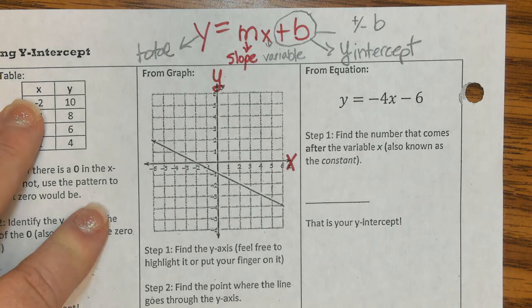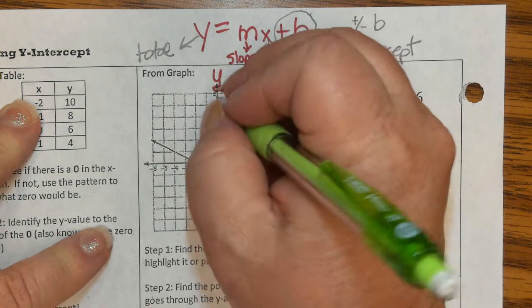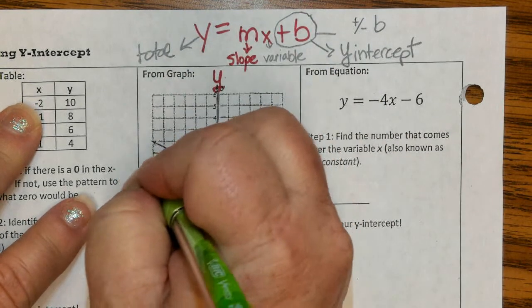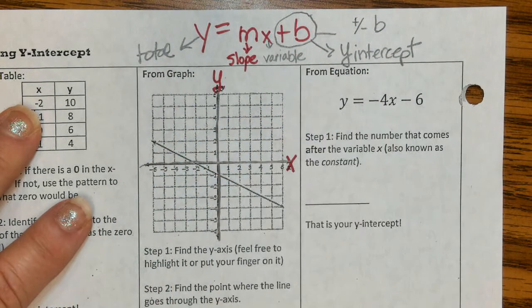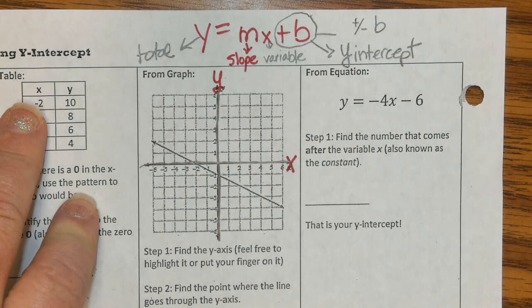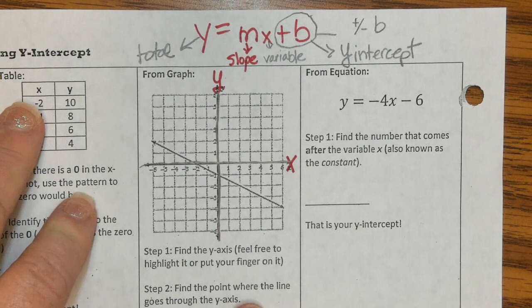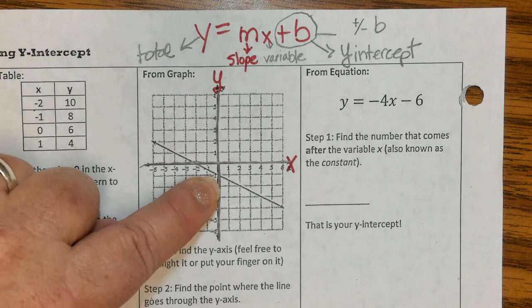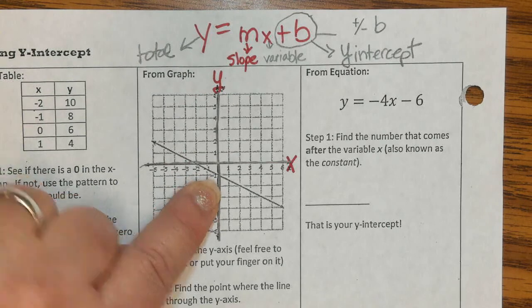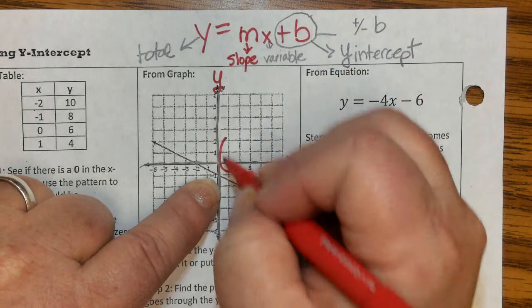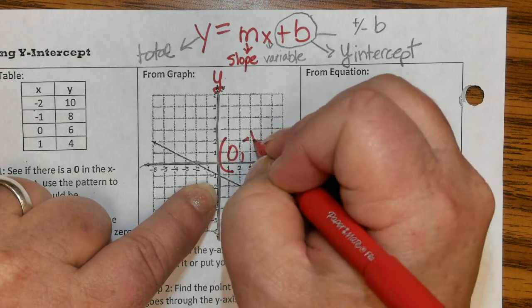Okay? So in this instance, if this is my y-axis and this is my x-axis, it says find the y-axis. Feel free to put your finger on it, highlight it, do whatever you want to do. Find the point where the line goes through the y-axis. Write the y value of that point, not the x value. You're not writing the whole point. In other words, the point here is actually at 0, -1.